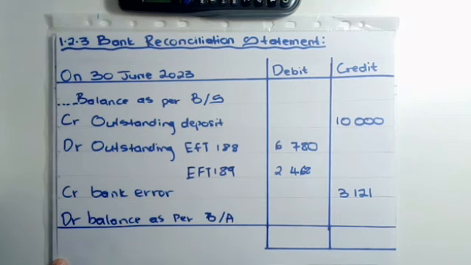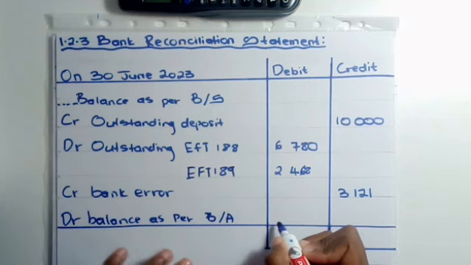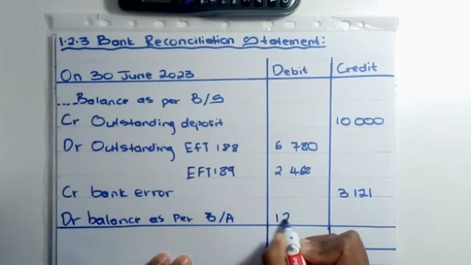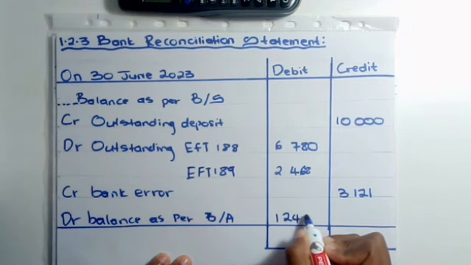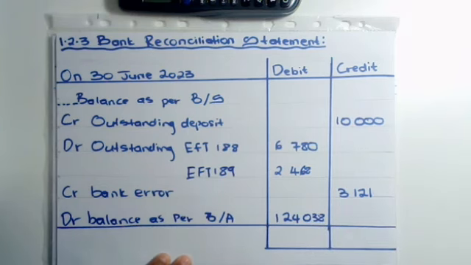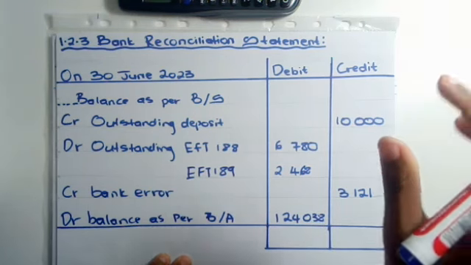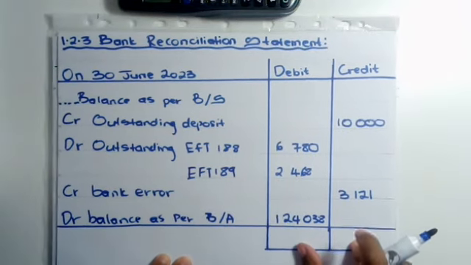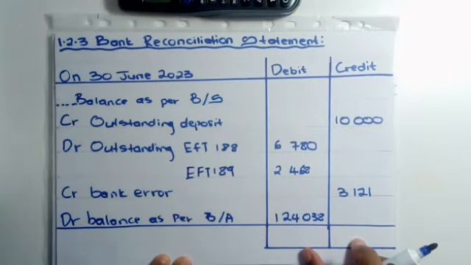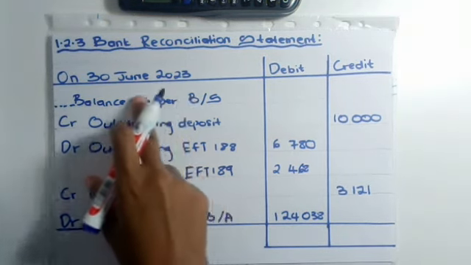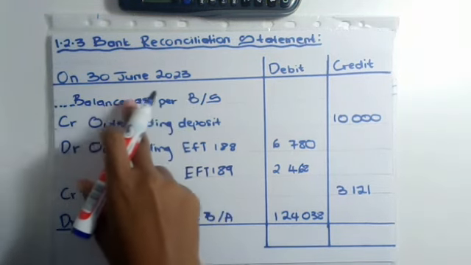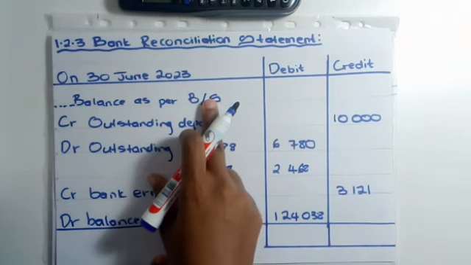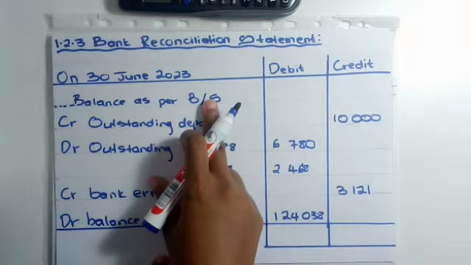So we'll just call it B/A, and it was 124,038. So now we know that for our bank reconciliation to be correct, this amount needs to be an equal amount. But since we don't have our bank balance as per bank statement, it means that we are now going to use that as our balancing figure.